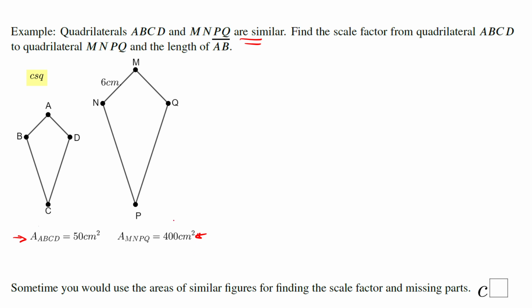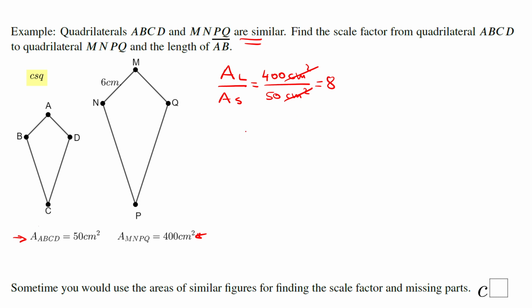So again, I like to start with area of the large over area of the small quadrilateral. And in this case we have what? 400 square centimeters over 50 square centimeters. Now the units cancel out, we don't really need them, and 400 divided by 50, that will be just 8.